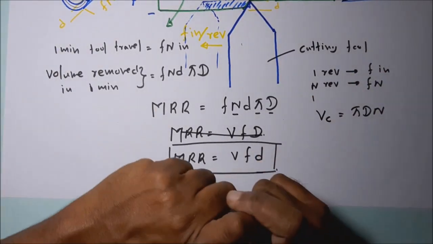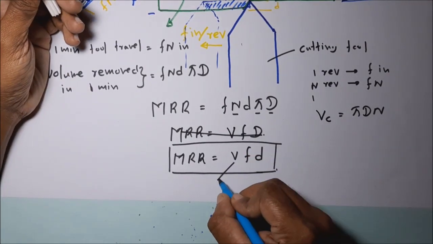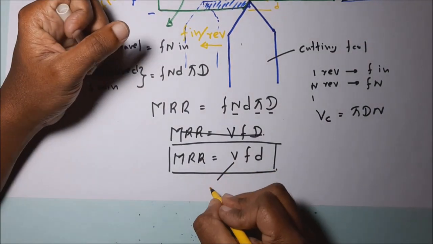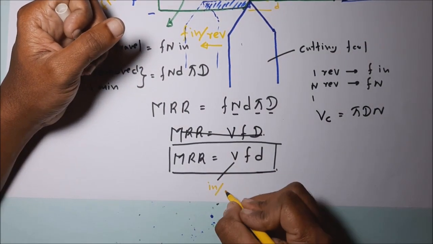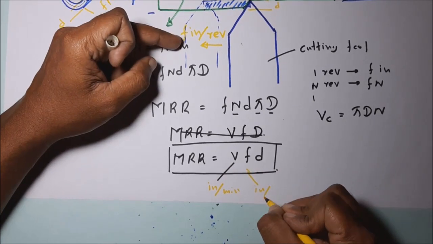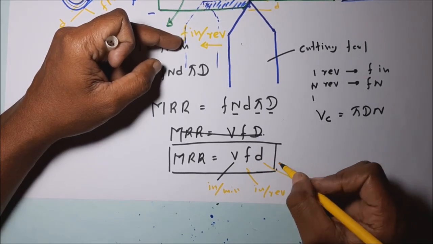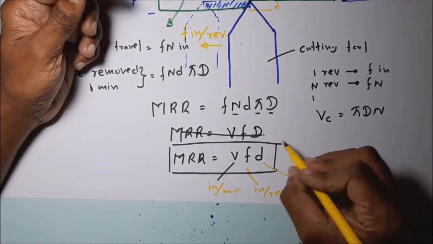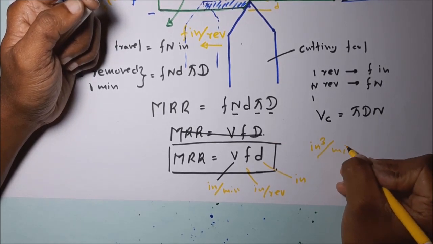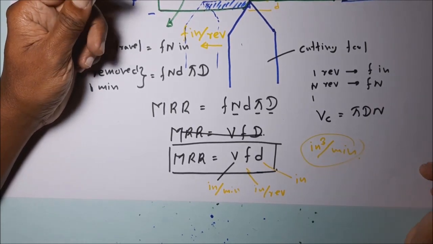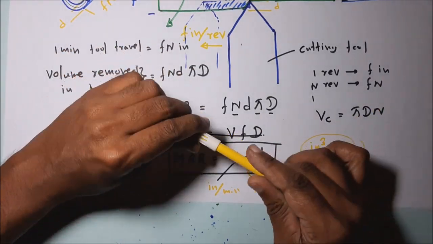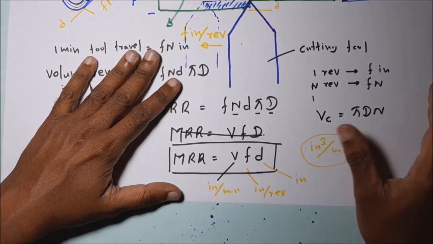If all these are measured in inches, let's take V measured in inches per minute, F in inches per revolution, and D in inches, then we are getting the units cubic inches per minute for material removal rate. This is how we are calculating the material removal rate in turning operation.